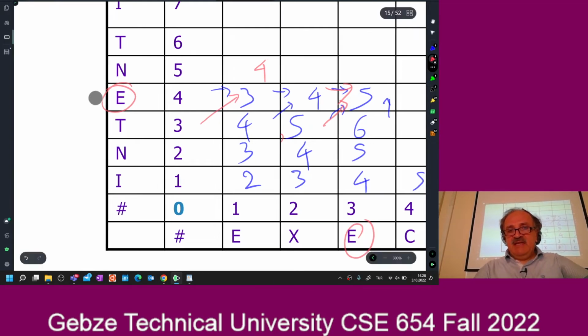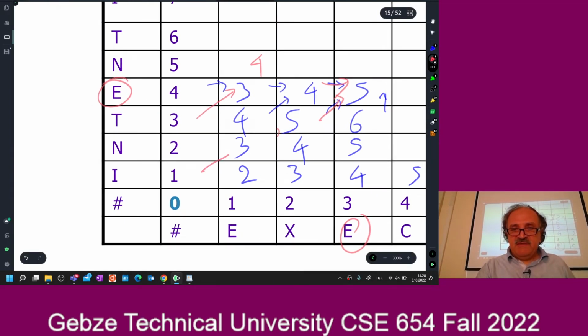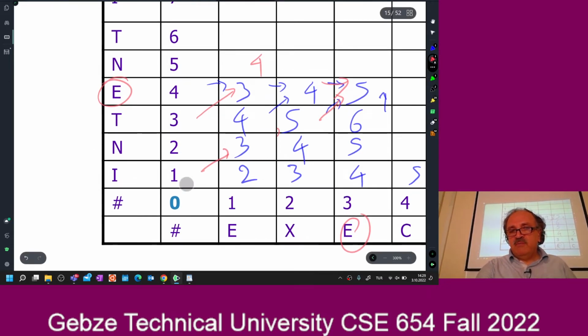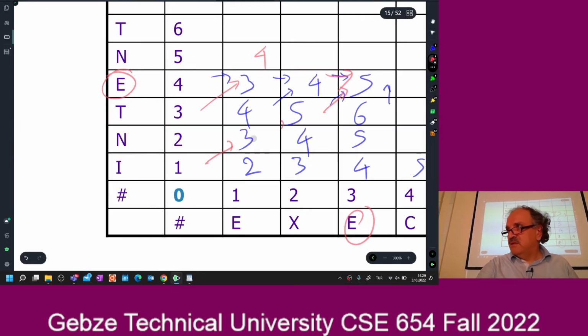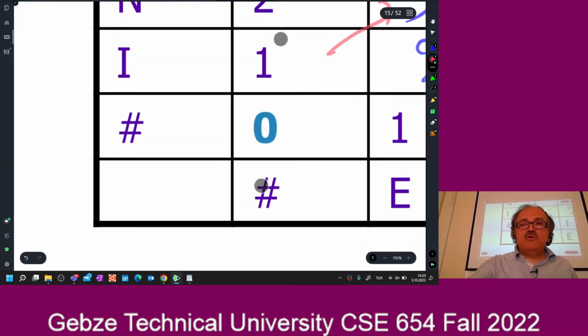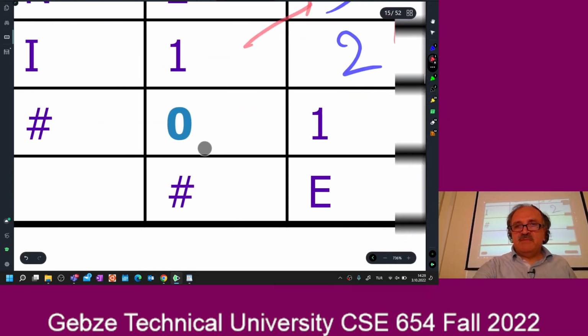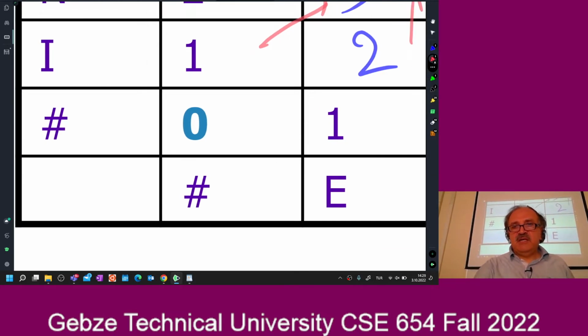Replace E with an E, or going this way, replace N with an E. In this case, replacing N with an E costs 2, so 1 plus 2 is 3. Or if we go this way, it is 2 plus 1, 3. If you get confused, always drop back to this box.